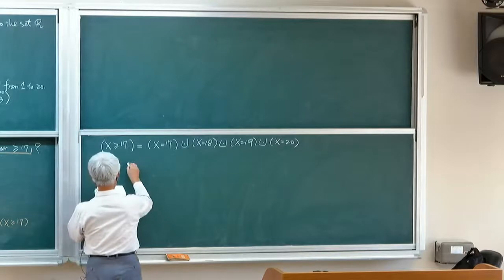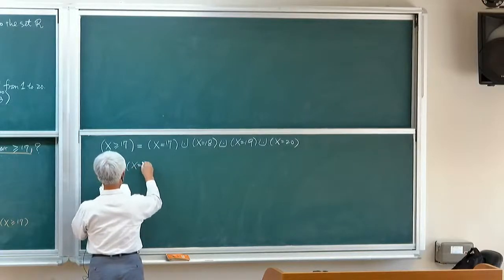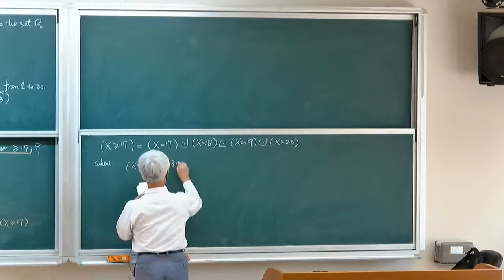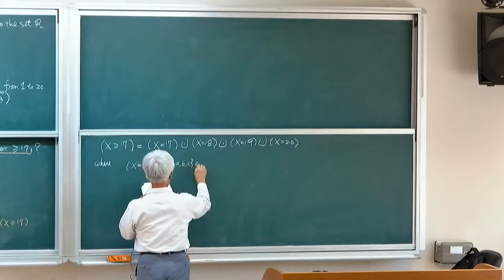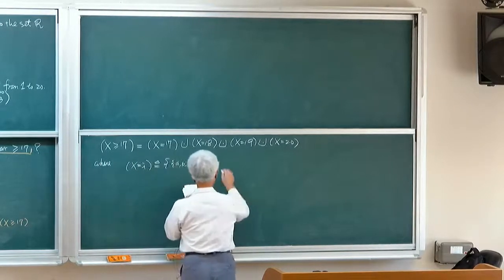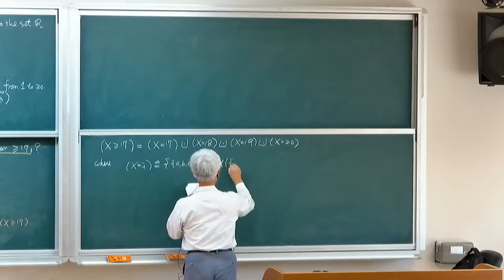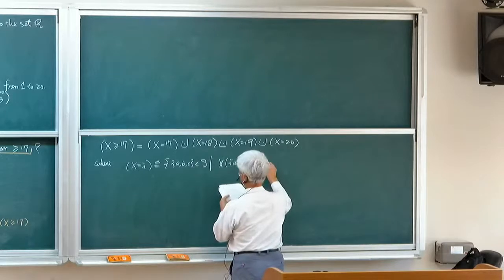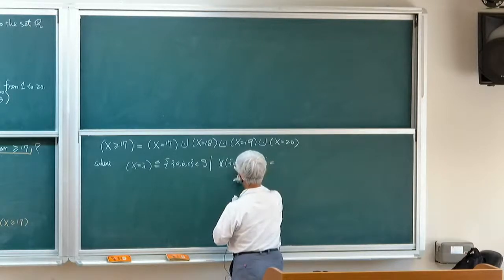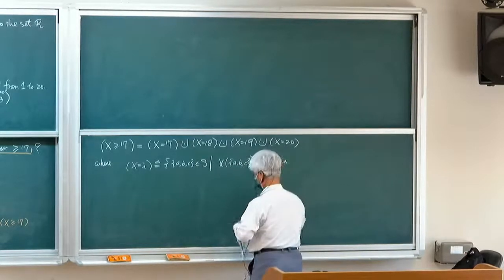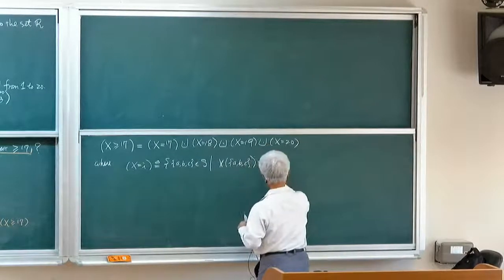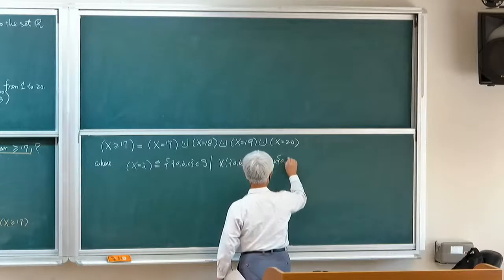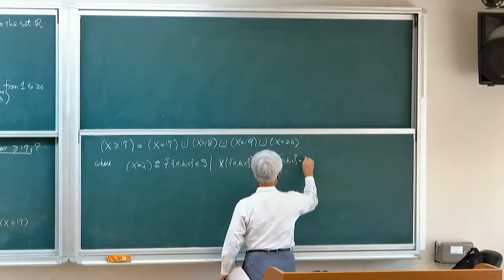Now say x is equal to i. This event consists of outcomes in the sample space such that the maximum of A, B, C is i.